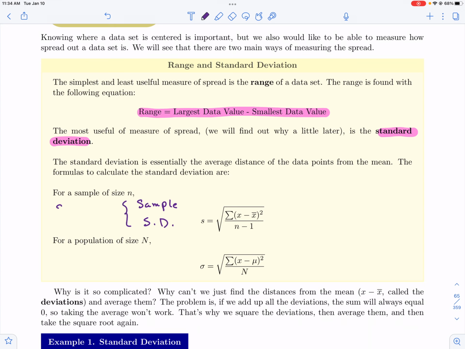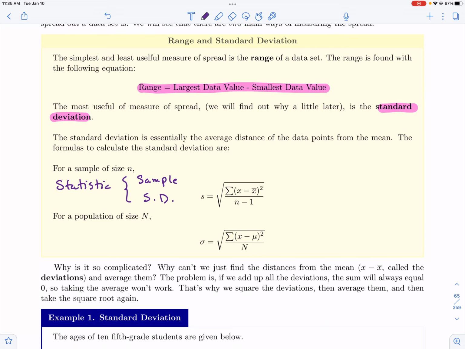Using our terminology from before, this is going to be our statistic because it's related to the sample. And as you can see, there's a lot of stuff going on in there. We've got some square roots. We've got that big sigma, which is our sum symbol. We're doing some subtracting, we're squaring some stuff, we're dividing. So pretty complicated. This is not necessarily an easy thing to do by hand, trust me.